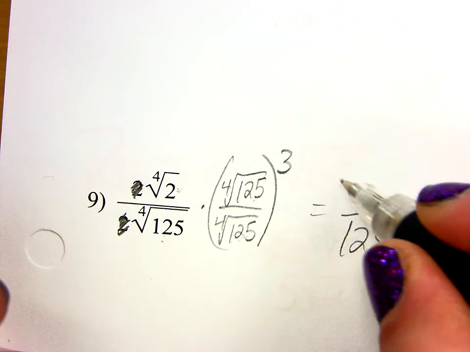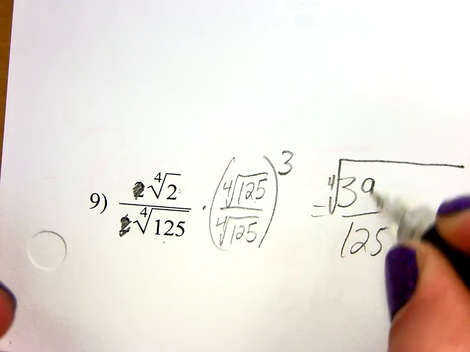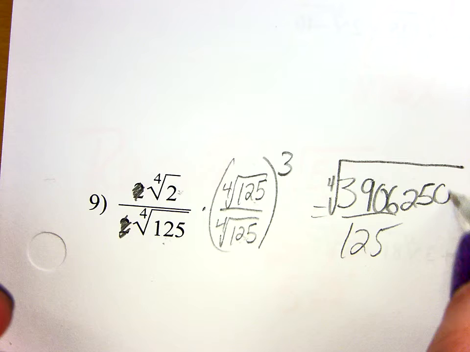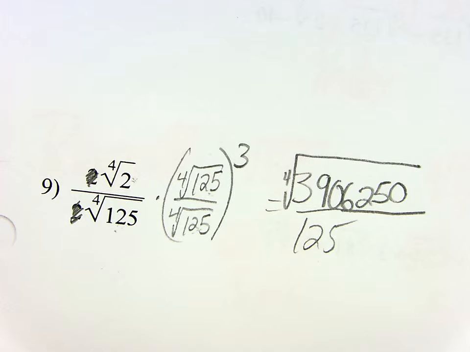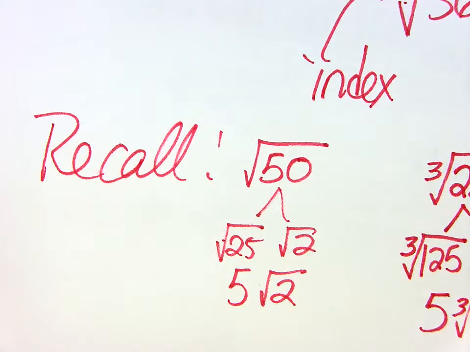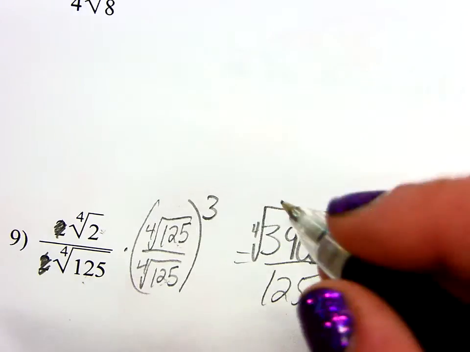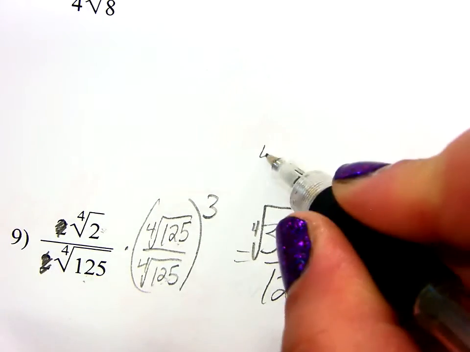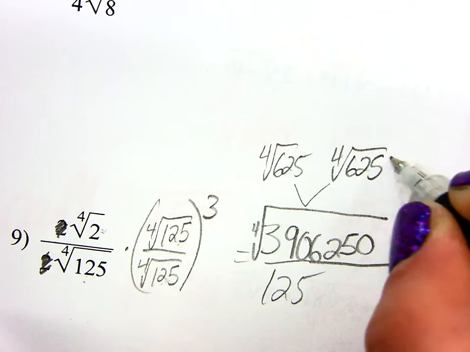Wow, okay. So I'll get the 4th root of 3906250. Now, I'm sure there is a perfect 4th that goes into this. Maybe 625? Yep, 625 does. More than once. Oh my gosh. Fourth root of 625 times the 4th root of 6250.